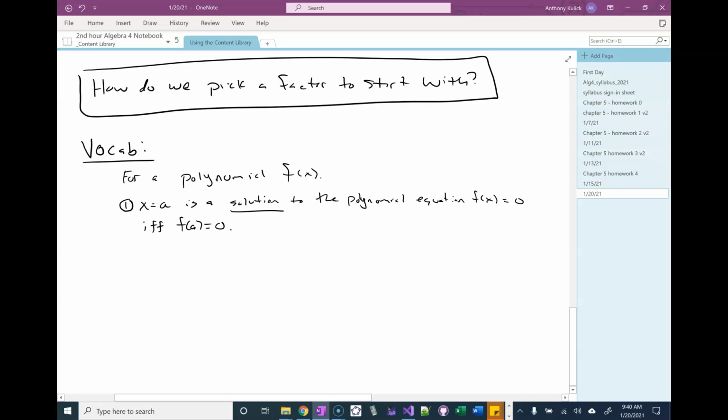It's saying if we have a solution, when we plug it back in, it has to give us 0. And if we have a number that we can plug in to get 0, we know that's also a solution. That's all we're saying. Is that okay? So it's a pre-algebra concept.